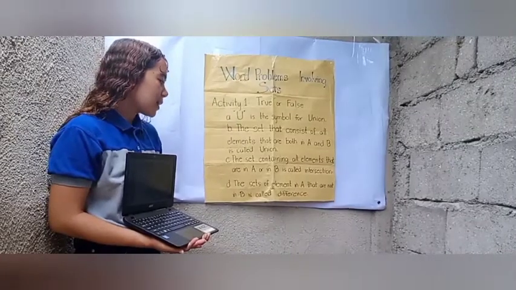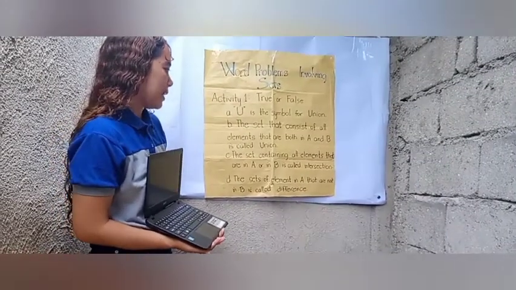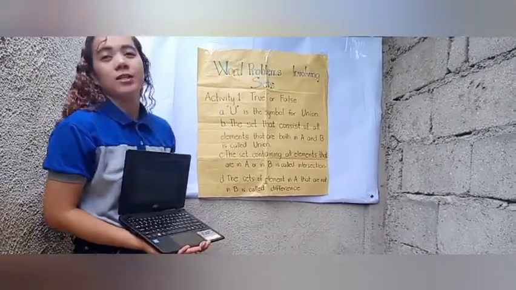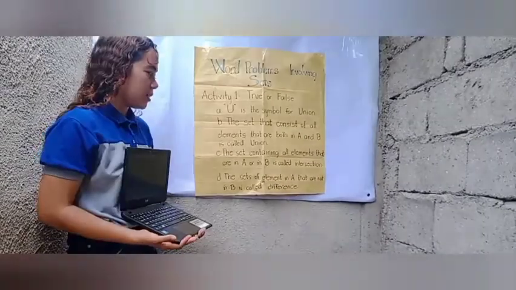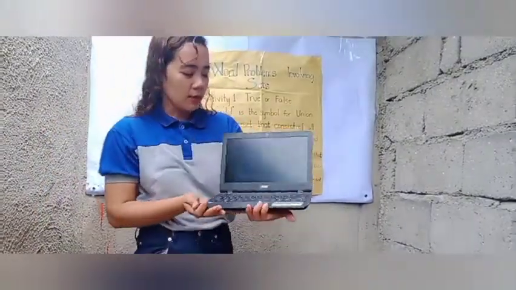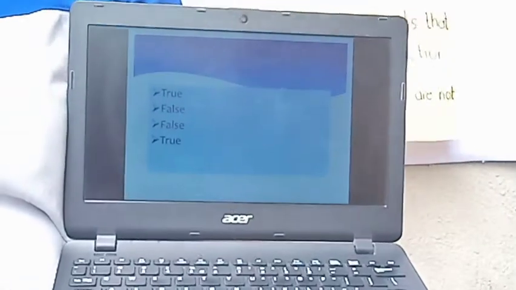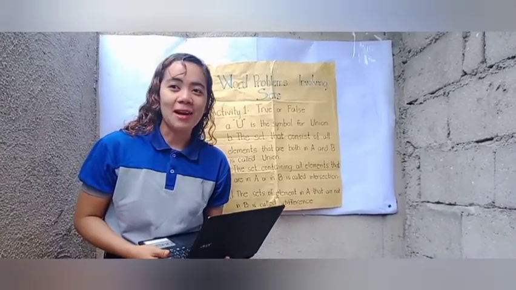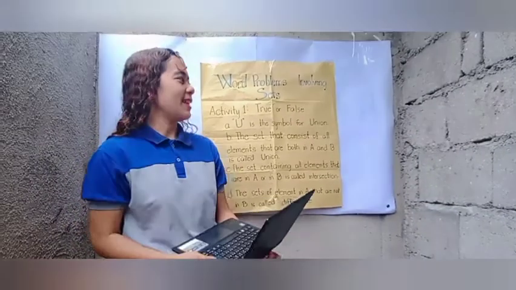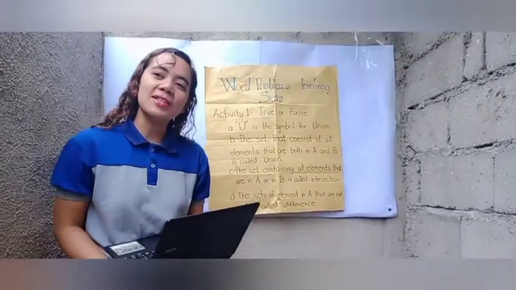And the last, the set of all elements in A that are not in B is called difference. So, tingnan nga natin kung tama ang inyong mga sagot. Tama ba? Tama ba kayo mga bata? Okay, tingnan natin. Ilan na nakatama ng sagot?